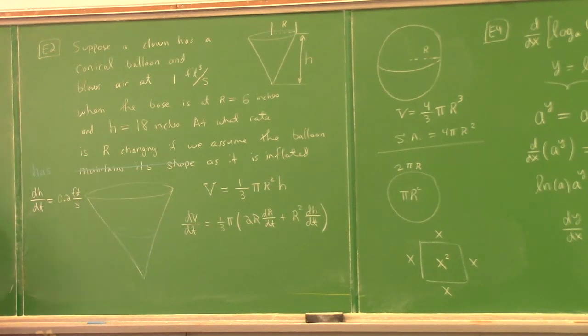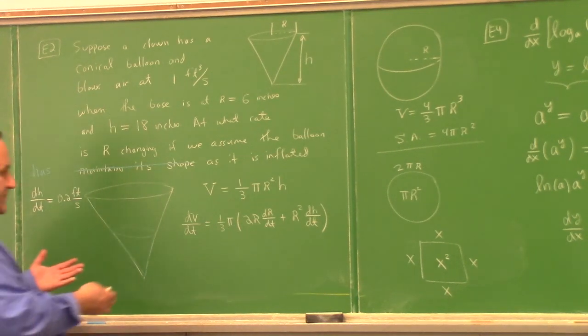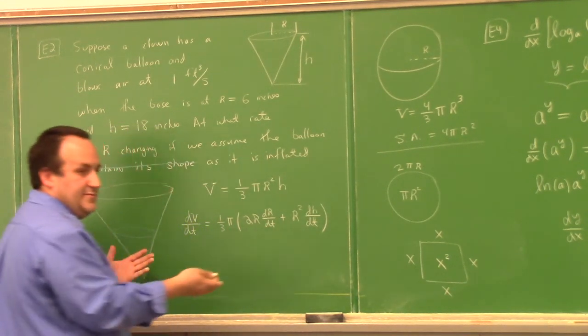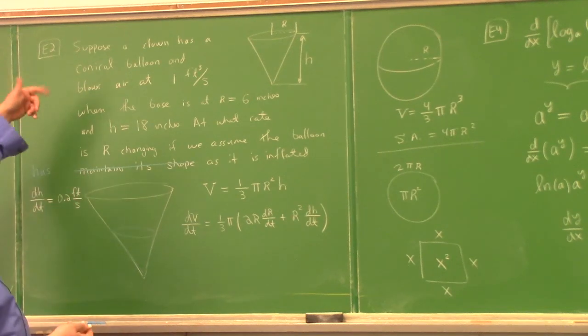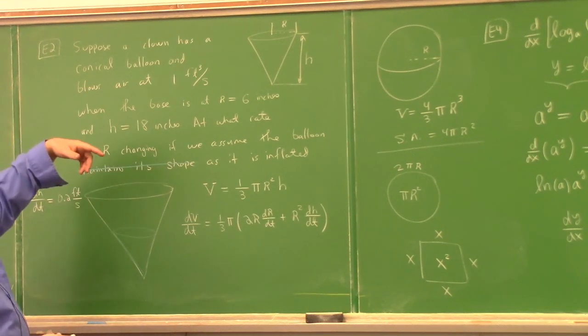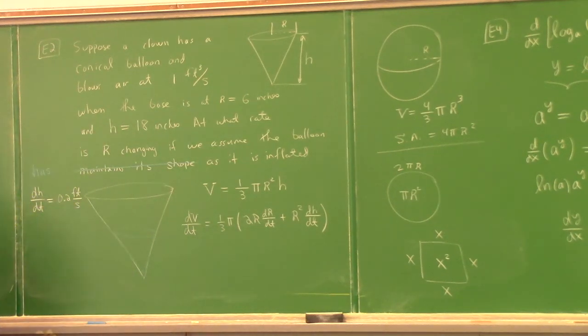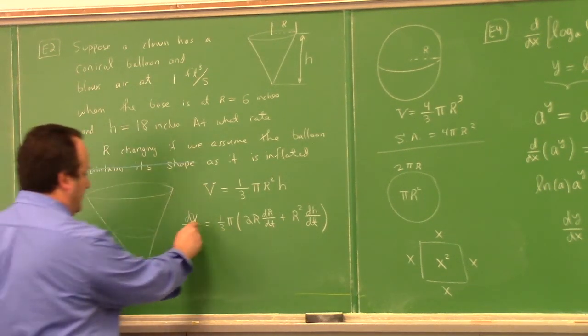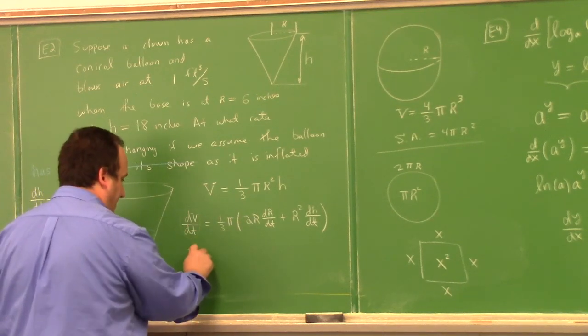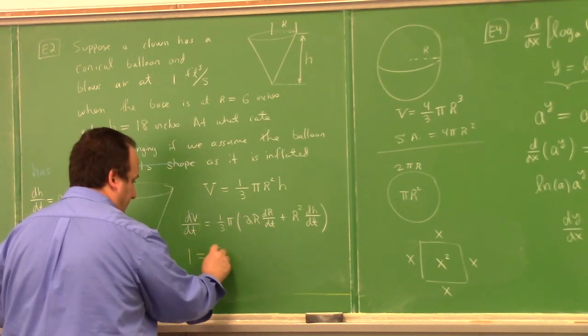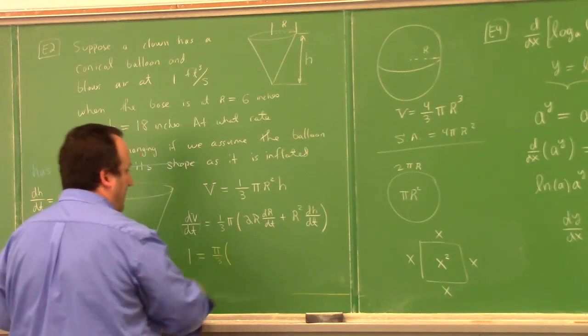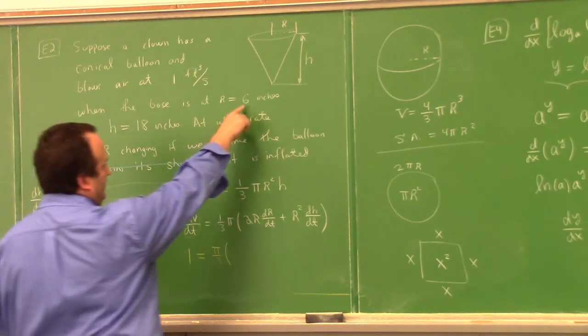Suppose I'm actually just given the rate at which the height of the balloon is changing. If I give you that, then we can relate the rates, because I'm told that they're blowing air into it at 1 cubic foot per second. So dV/dt is given to be 1. And then we got pi over 3. 6 inches.